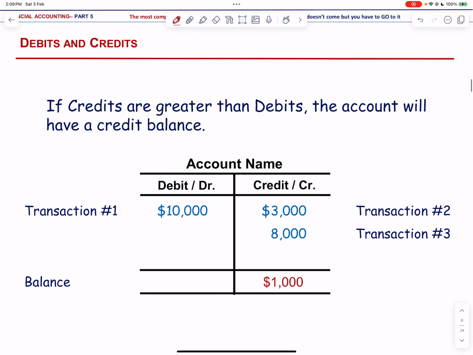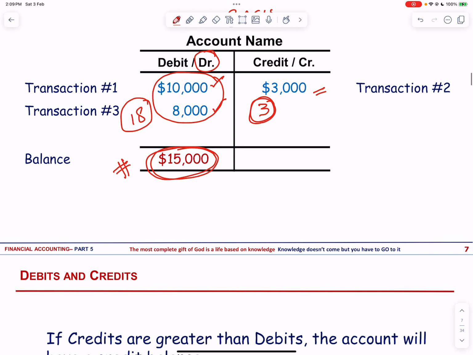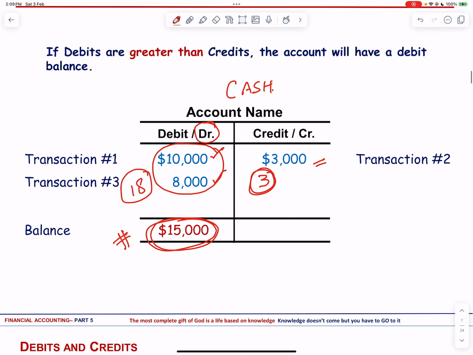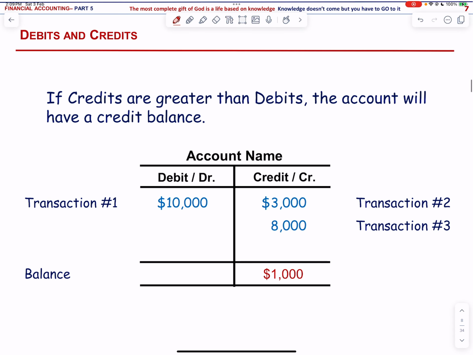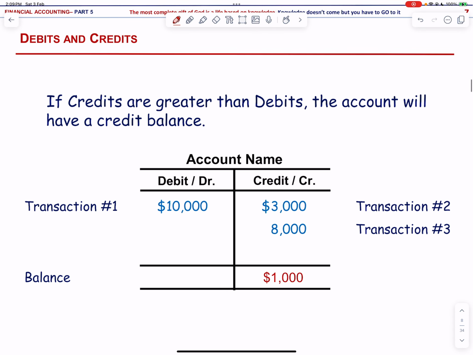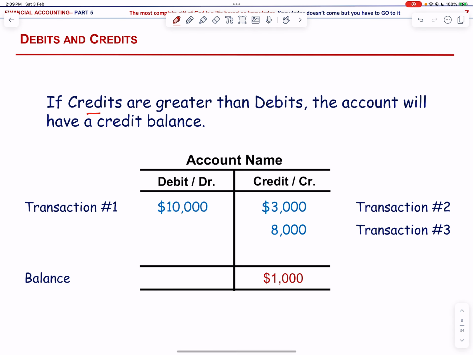Now this was an example where the debit is greater than the credit. It can be the other way also, that is the credits are greater than the debit. Like in this case, you can see, say, there is a notes payable, a liability, and an increase in liability, if you can recall, generalizing, is going to be credit.